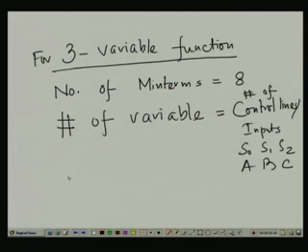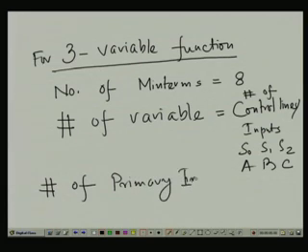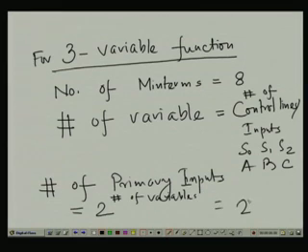And the number of primary inputs will be 2 to the power number of variables. So, in this case it will be 2 to the power 3.